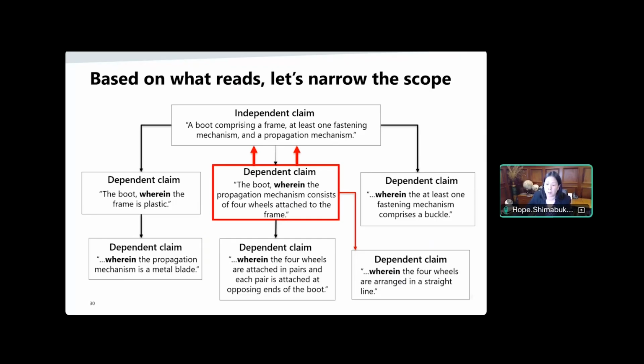Now also note that the transitional phrase here consists of four wheels. That means that there are not 3, there are not 5, but 4 and only 4 wheels. The independent claim is broad and can allow extra features to be added within the scope of the claim, but the dependent claim requires the exact use of 4 wheels.